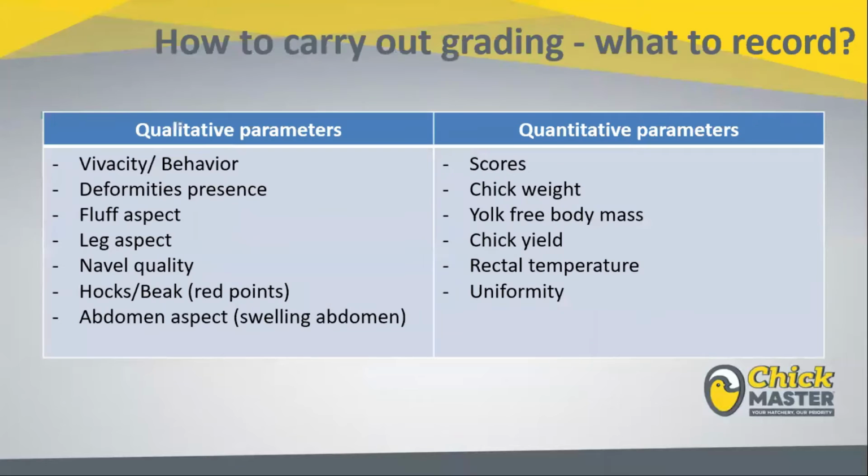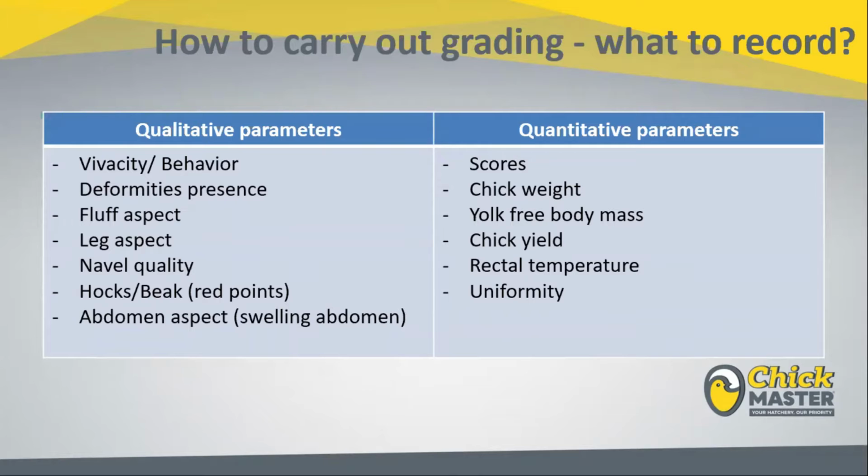They can be divided into two main groups, the qualitative and the quantitative parameters. For the qualitative parameters, we can have the vivacity, the behavior, the presence of deformities, the aspect of fluff, leg, navel, hocks, beak, and abdomen. Here we can note that the appreciation of these parameters is more subjective than objective.